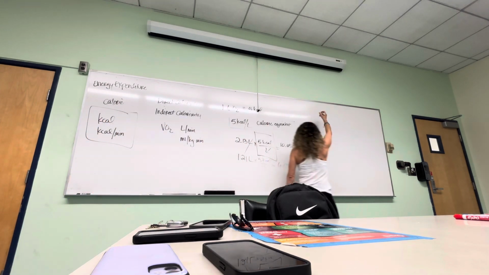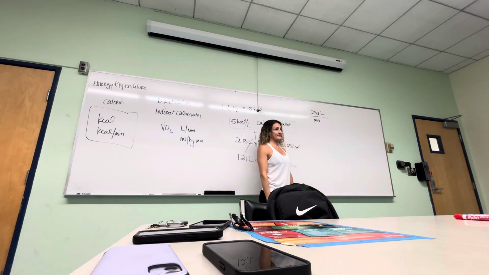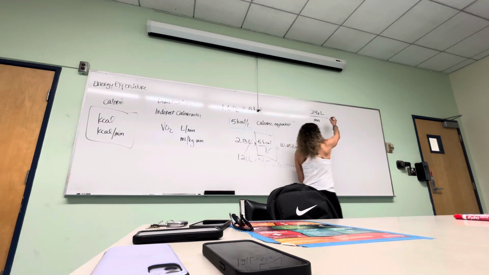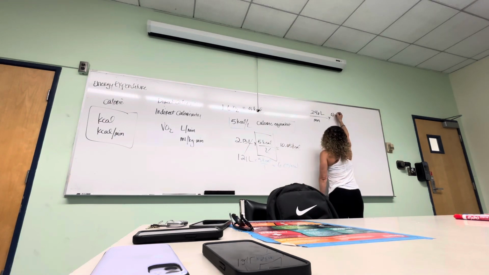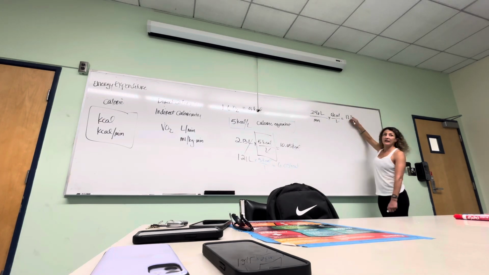So what does that do? If I say someone is consuming 2.46 liters of oxygen per minute. Calculate energy expenditure. 12.3. We're going to multiply this by 5 calories per liter. What do we get? 12.3 exactly.